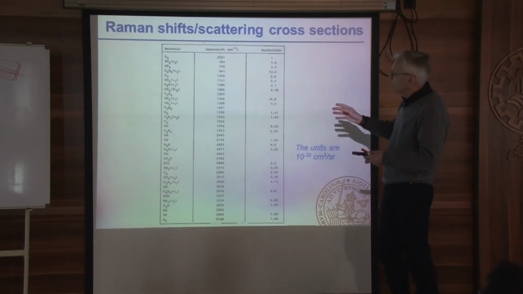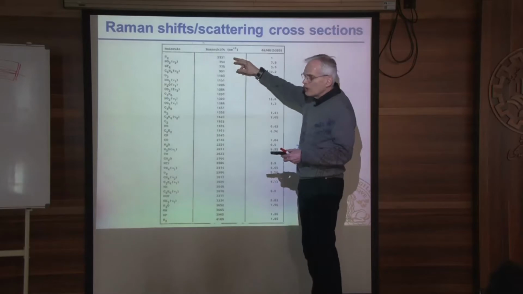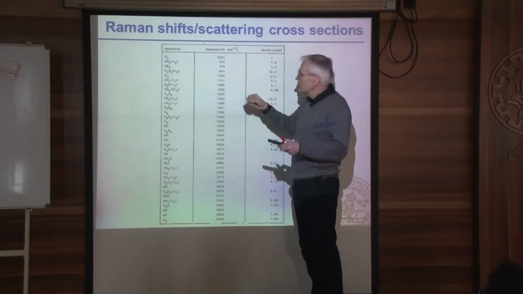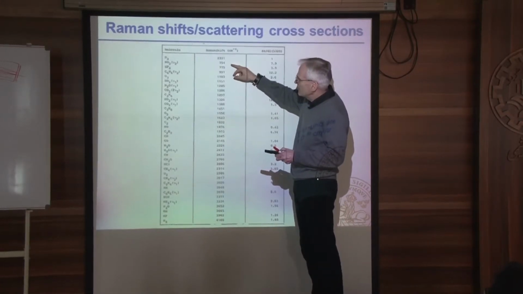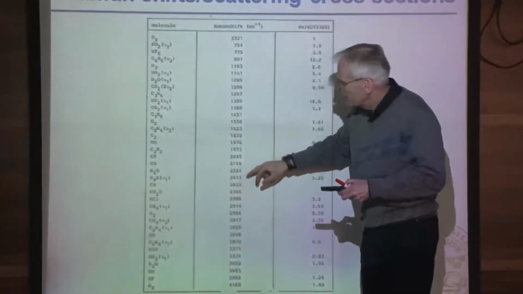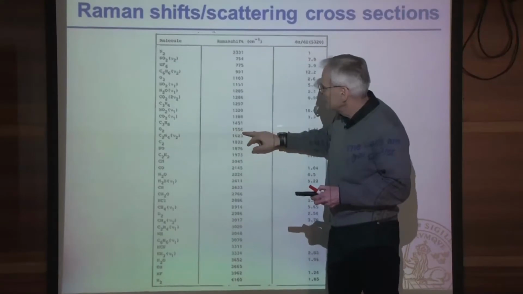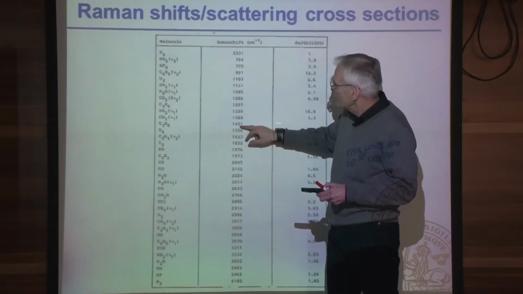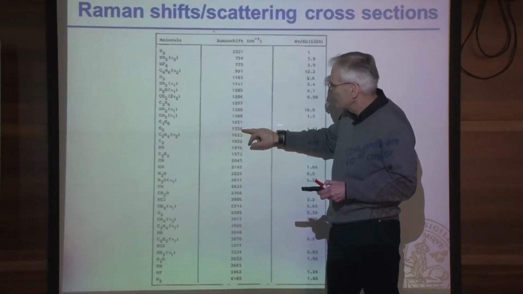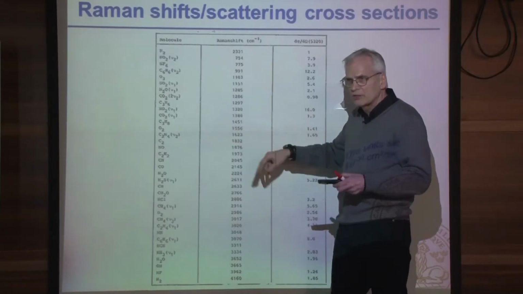The important thing is that you have this Raman shift, the vibration. And you can look in the literature, you have a lot of different molecules. And then you can see that, as I said, oxygen has a Raman shift, a vibration frequency of 1556 wave numbers.